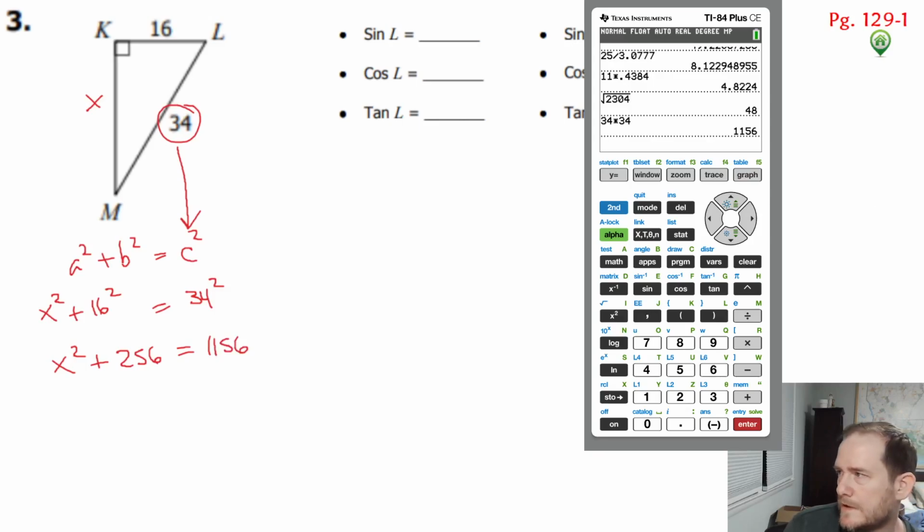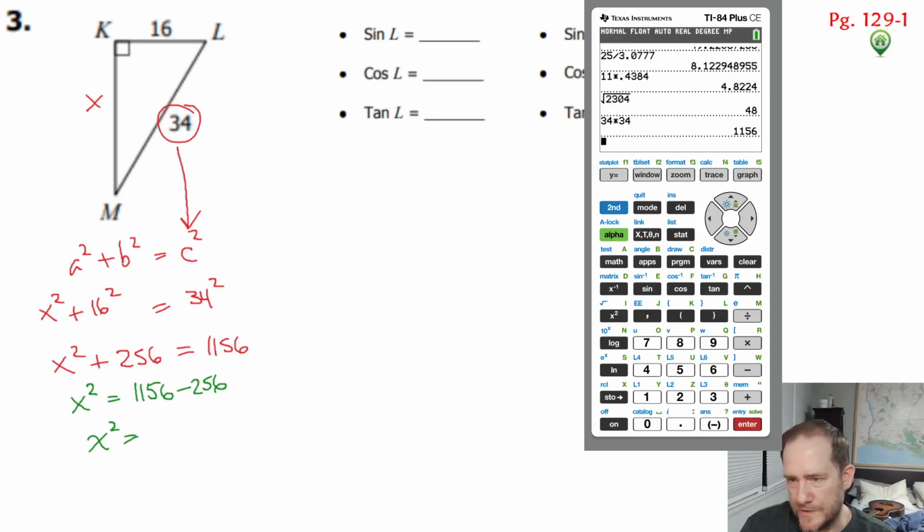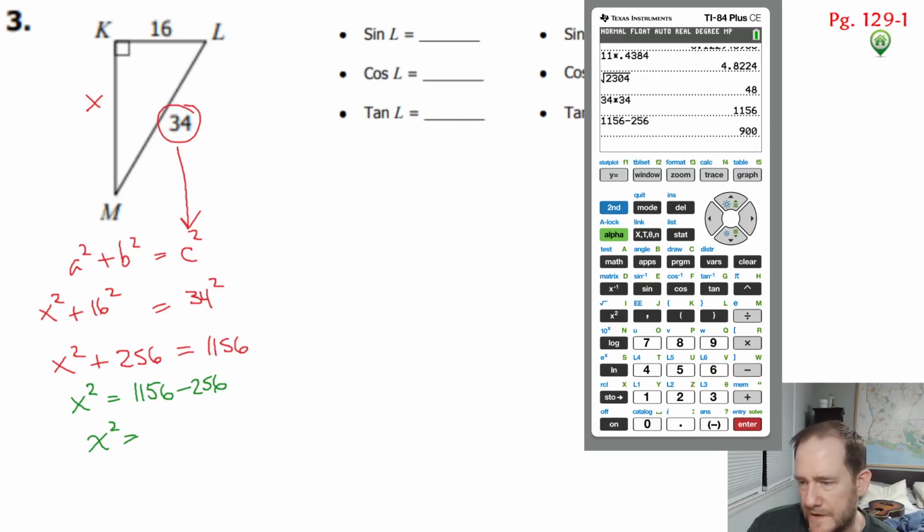Okay, so to get x alone, we'll subtract 256 from both sides. And we'll see what that comes out to, because I don't know. But if we do 1156 minus 256, then it's 900, which I should have known that that was 900.